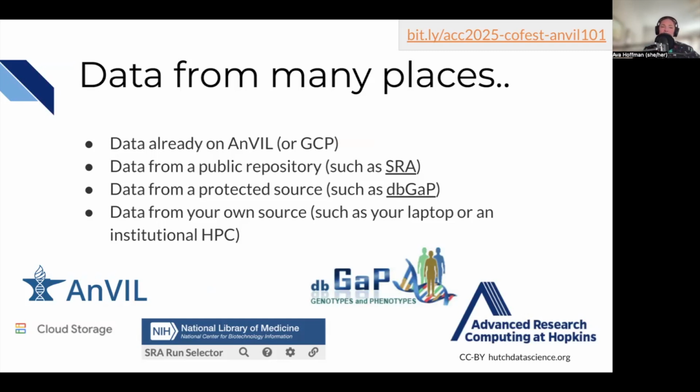You may also want to bring in data from a public repository, such as SRA, bring data from a protected source, such as dbGaP, or transfer data from your own source, such as your laptop or an institutional HPC, to AnVIL.